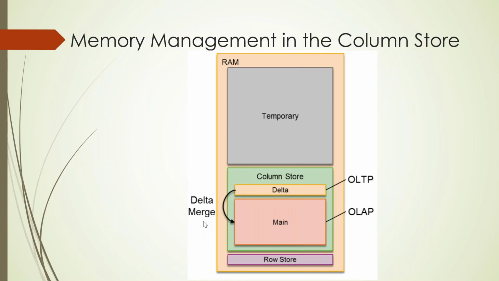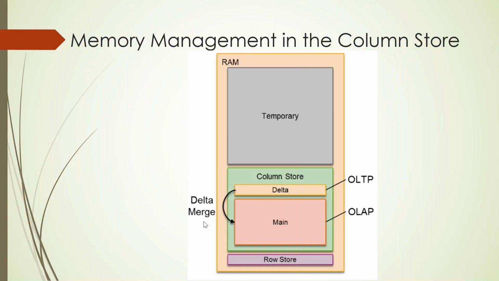So what happens before delta merge? Delta merge is a job which runs in the HANA system at regular intervals. You cannot see the delta merge process as a job, because it runs very fast and it is internal.